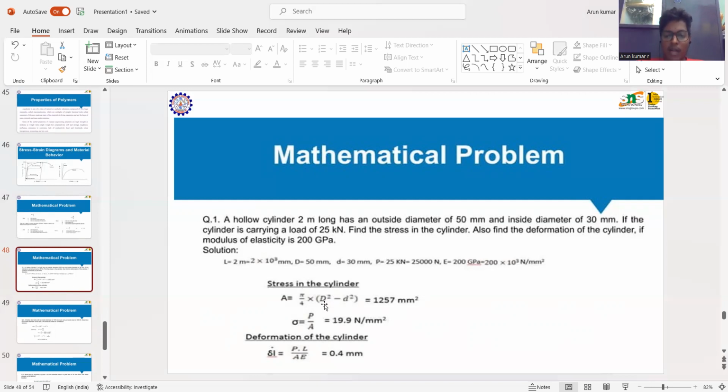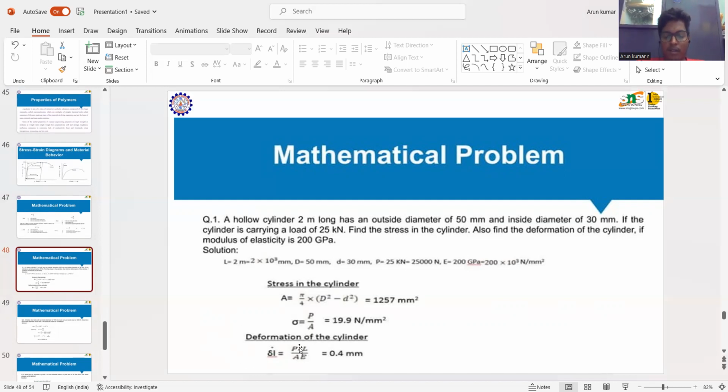Here the outer diameter is indicated as capital D and the inner diameter as small d. So we square and subtract and multiply with pi by 4, and we get the area value. The load value is given as 25 kilonewton, so we convert into Newton. Substituting those values, we get sigma. The sigma value is 19.9 Newton per square.